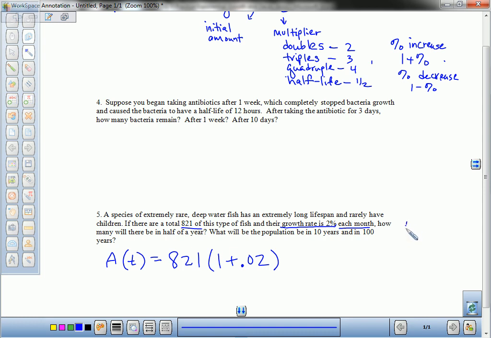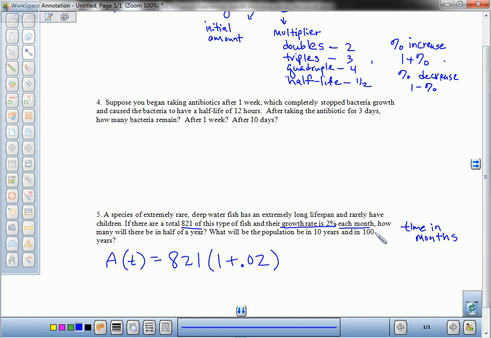So for this one, our time is time in months. The word problem will tell you. If it said the growth rate is 2% each year, then our time period would be number of years. But because it says the growth rate is 2% each month, our time period is time in months.